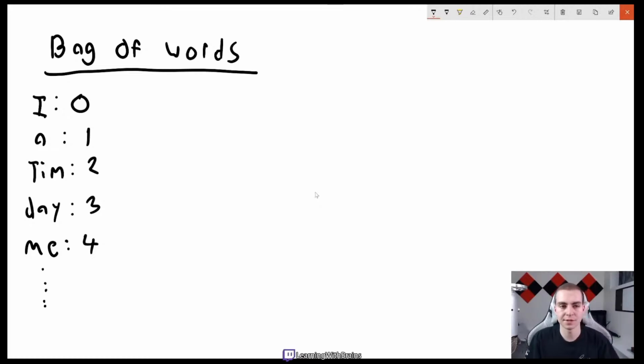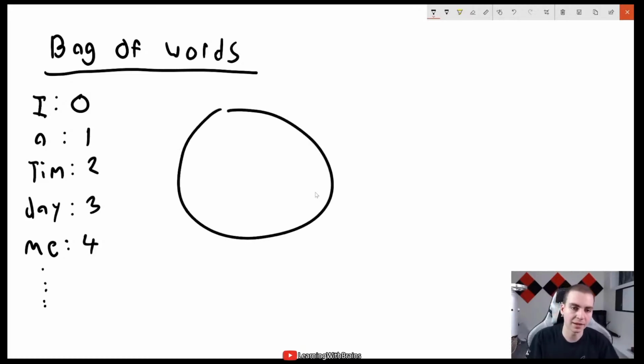Now, the reason we call this bag of words is because when we look at a sentence, we're only going to keep track of the words that are present and the frequency of those words. In fact, we'll create what we call a bag. And whenever we see a word appear, we'll simply add its number into the bag.